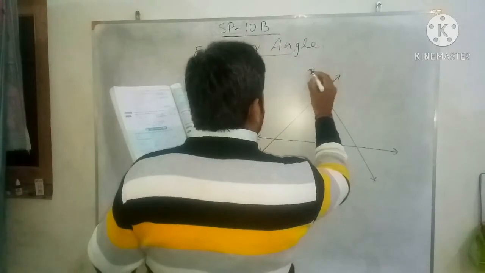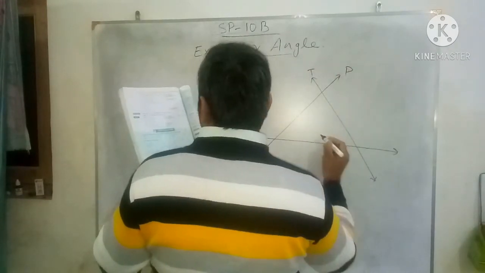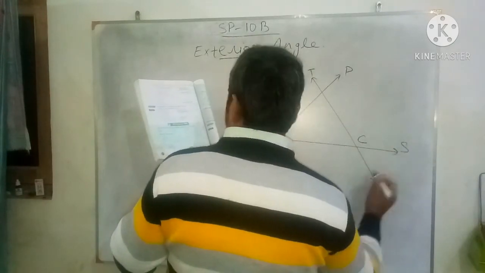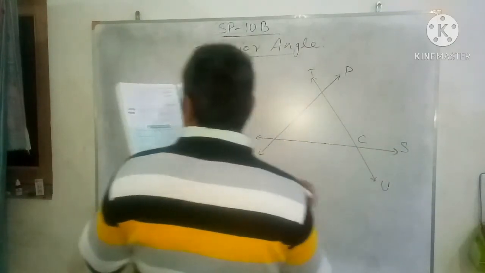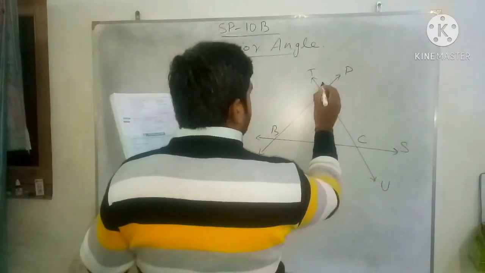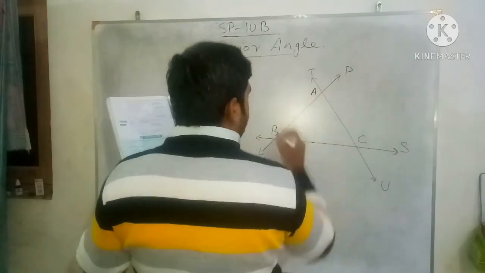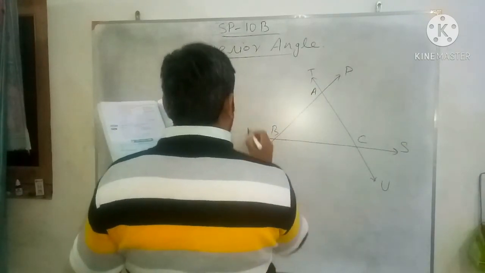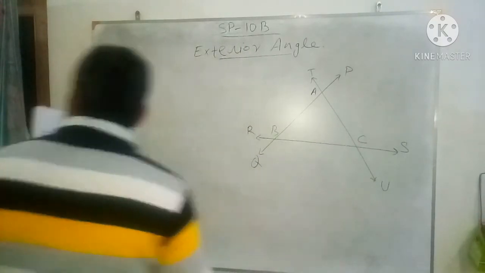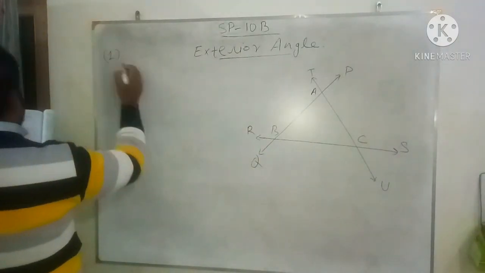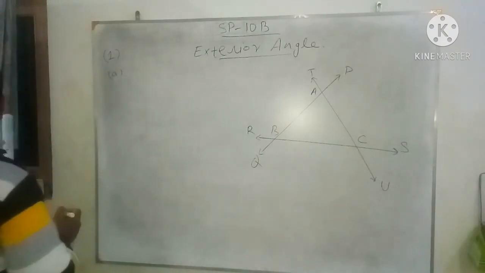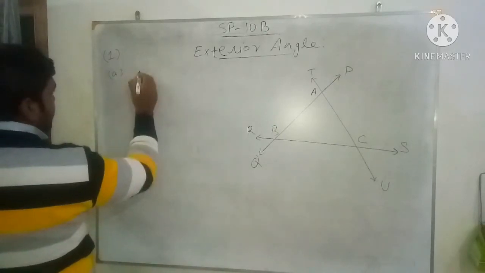So this is T, this is P, this is C, this is S, this is U, this is B, and this is A. ABC is a triangle and this is the extended side R and Q. So in this question 1A, name the interior opposite angles in the figure associated with the exterior angle.